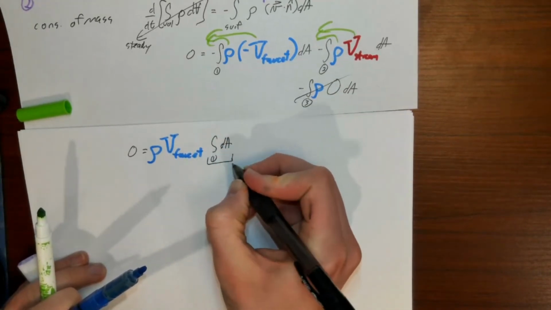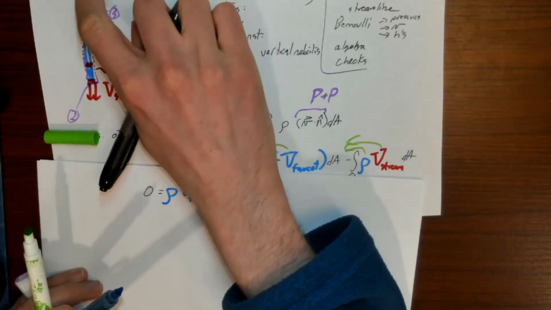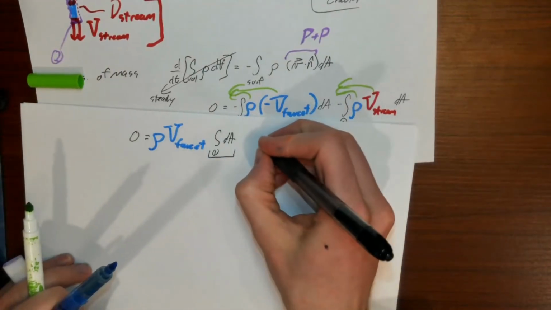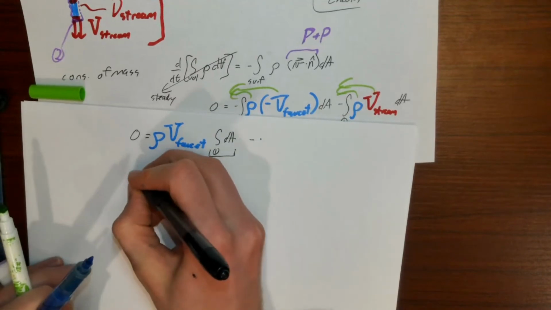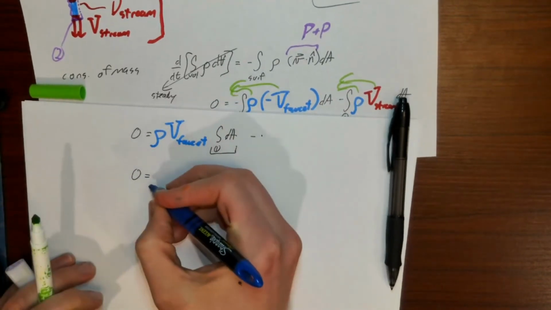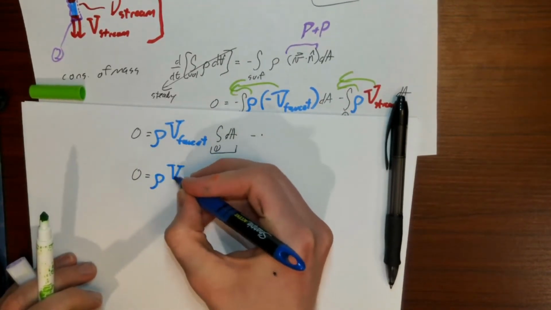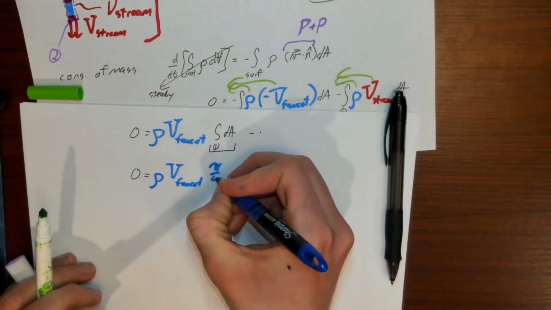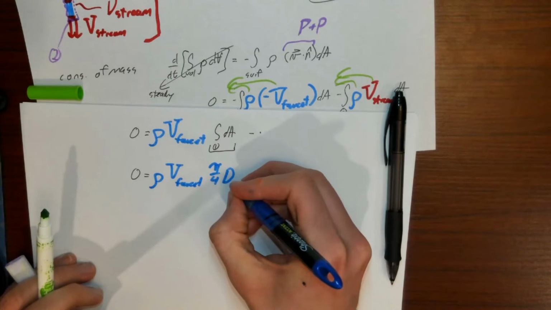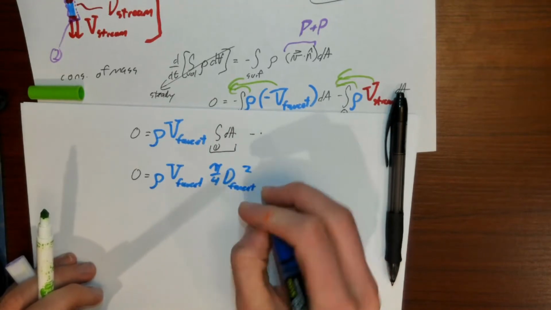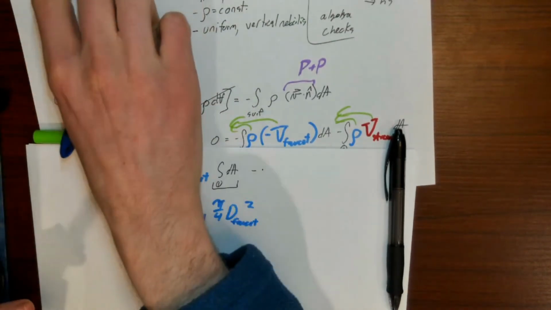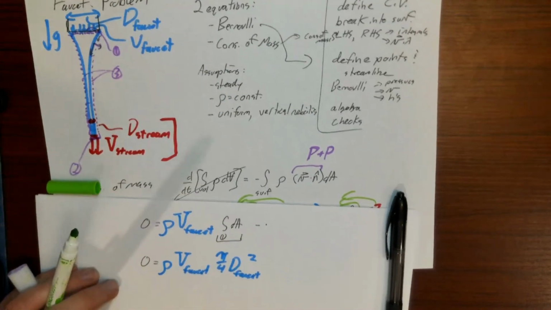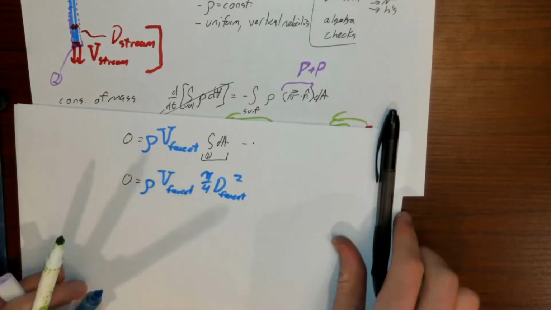This, of course, is just the area of this part of the faucet, which we can cut to the chase and say this first term becomes rho v faucet times pi over 4 d faucet squared, right? We're assuming that the faucet is basically a circular cross section with this particular diameter. So there we have it.